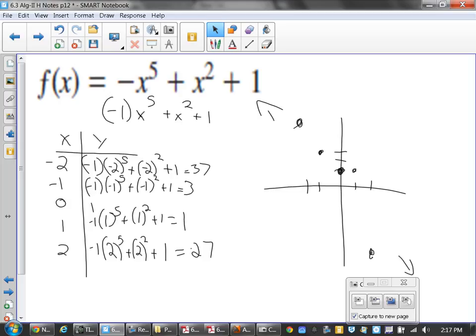As we get further along into polynomials, you're going to have what are called points of inflection, places where it changes direction. In this case, it's a 5th degree polynomial. When it's a 5th degree polynomial, that means it could have up to 1 less than the degree amount of times it changes direction.